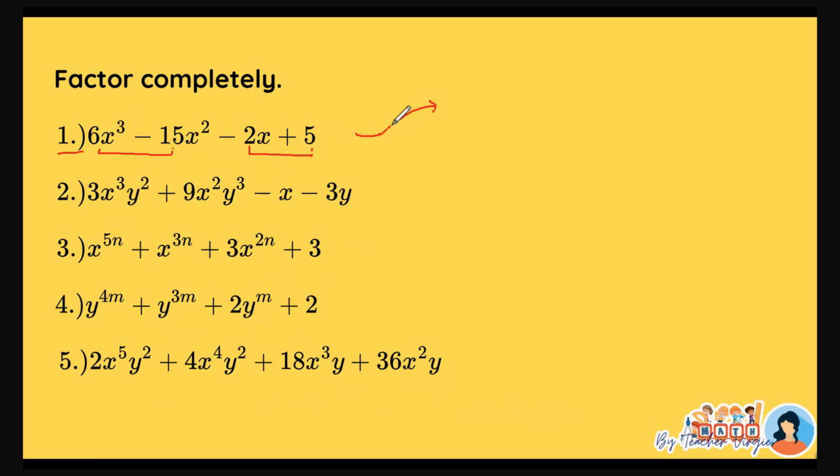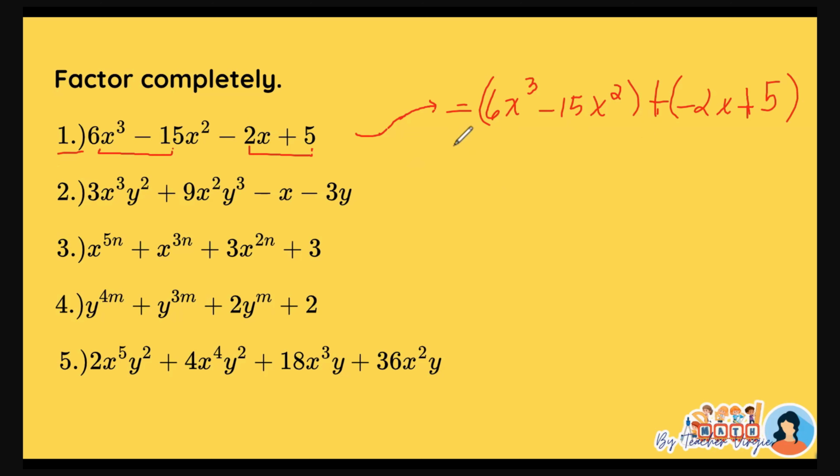I am regrouping now: 6x cubed minus 15x squared, plus negative 2x plus 5.